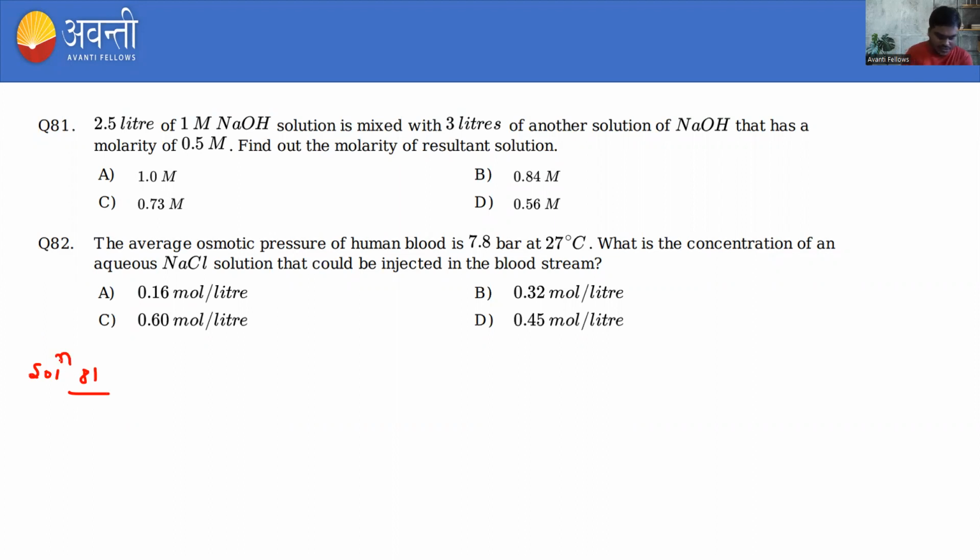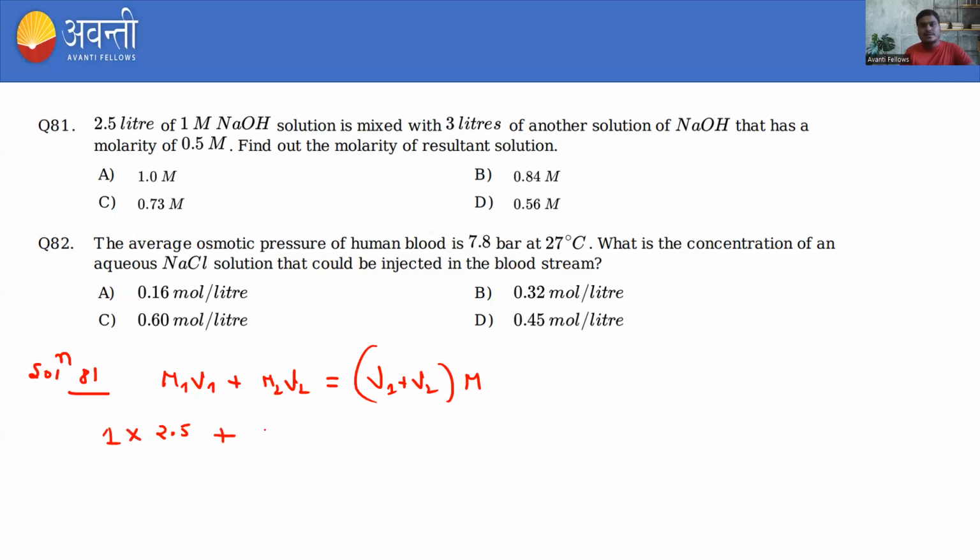For 81, we know the molarity equation: M1V1 + M2V2 = M(V1 + V2), and this M is what we need to find. So we have 2.5 liter, multiply by the molarity of the first solution, which is 1.